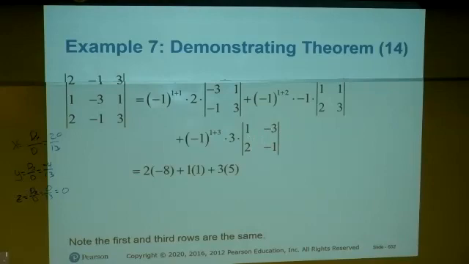And so you have a -16. This is -16 plus 1 plus 15, which is in fact 0. And this is just an example of the theorem. It doesn't prove the theorem. It's just showing you what happens when that happens. It's a demonstration.